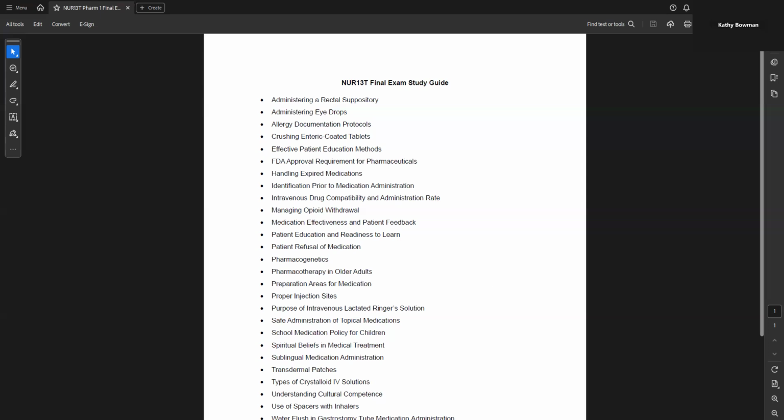Next item is effective patient education methods. So really, anything that we've mentioned throughout the semester, right? When giving medication, before you give, you educate.